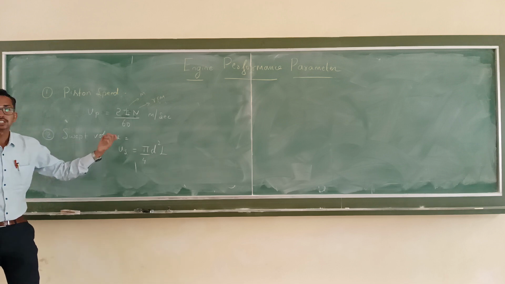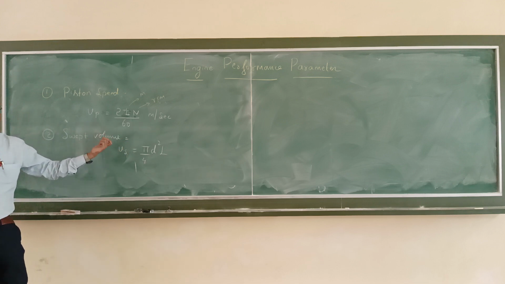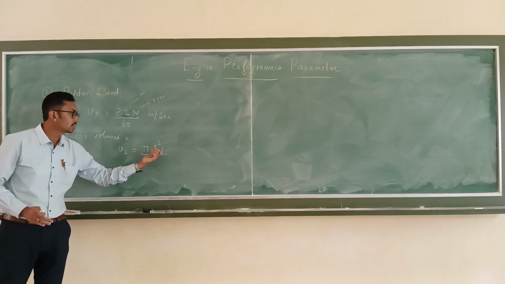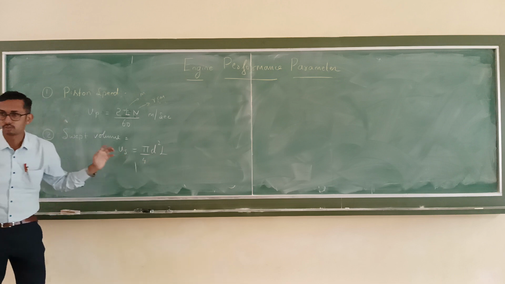That is called swept volume. It is represented as Vs. The formula is pi D square L by 4.